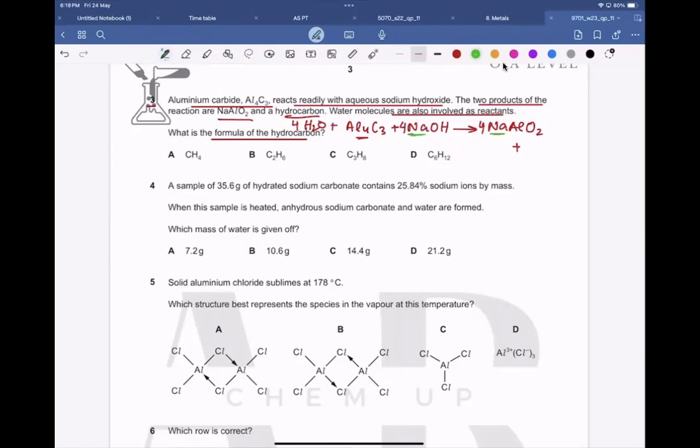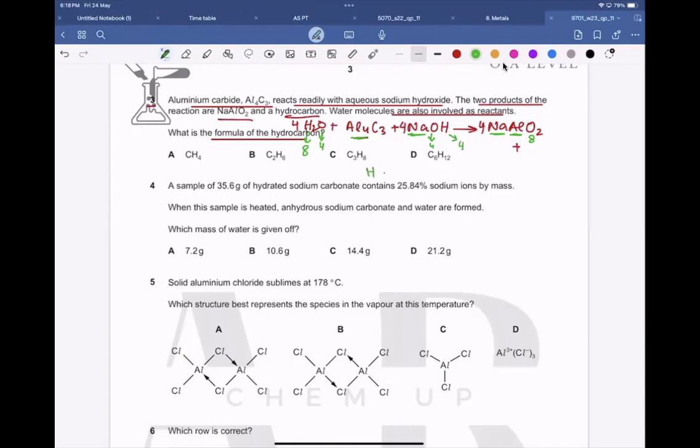Now let's have a look. Sodium is balanced on both sides. Aluminium is balanced on both sides. Here we got 8 oxygens, 4 are here and 4 are here. So the oxygens are also balanced, right? Now, if you count the hydrogen, there are 4 times 2, 8 hydrogens, and 4 ones are 4.